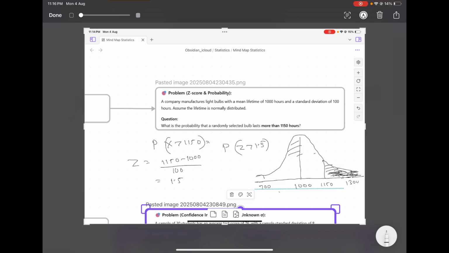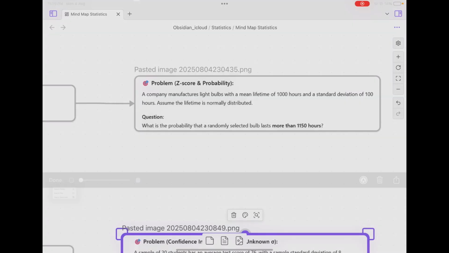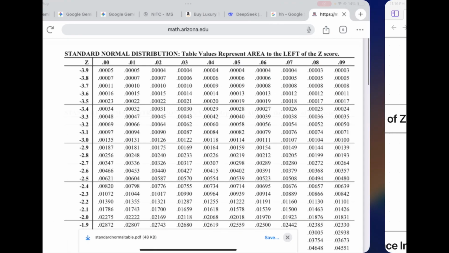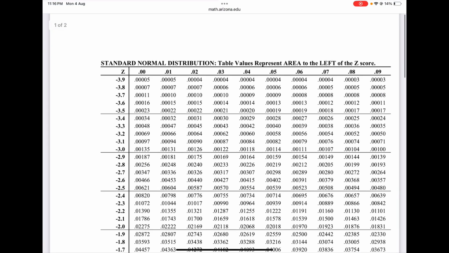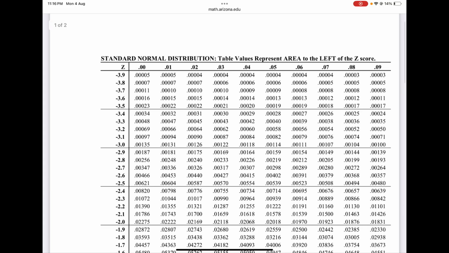So now let us take a look at the Z table. This is the Z table. You can see the standard normal distribution and table values. The table values represent the area to the left of the Z score.